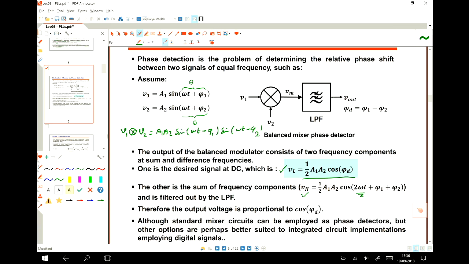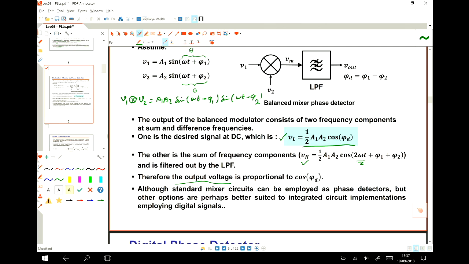You can see that the output of the low pass filter is proportional to phi d or cosine of phi d. And then this voltage is again applied to your VCO. The frequency or the phase of the VCO changes, and then again this one gets less and less, and then it gets locked. There are conditions for that, we will see.